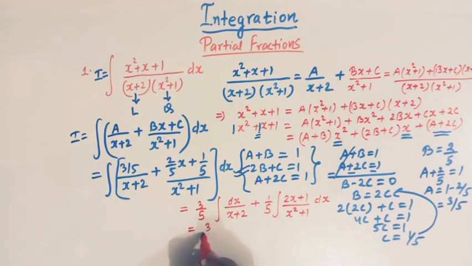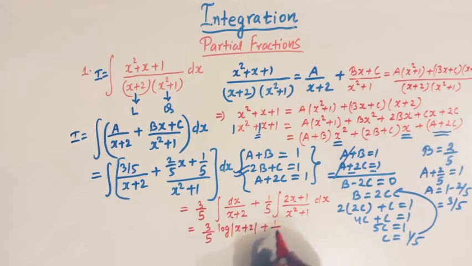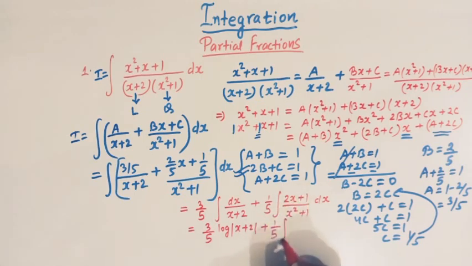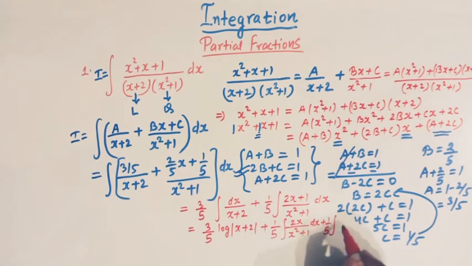Now this can be written as 3 by 5, this is log of x plus 2, because the integral of 1 over x plus 2 is log of x plus 2, then we have 1 over 5. Again split this integral into two integrals, so we have 1 over 5 integral 2x over x square plus 1 dx plus 1 over 5 integral of dx over x square plus 1, right?